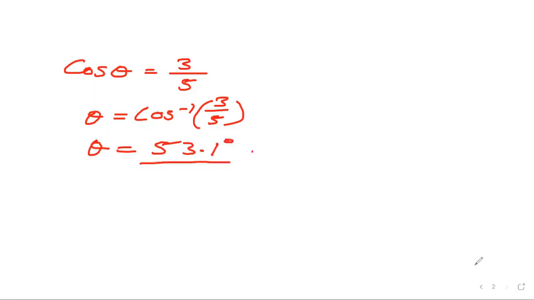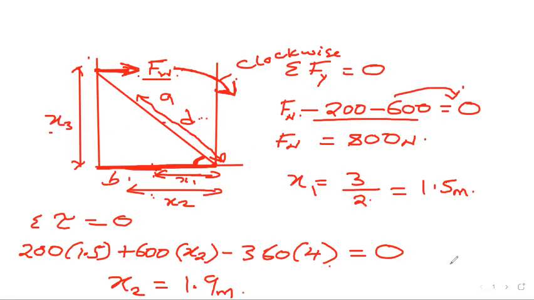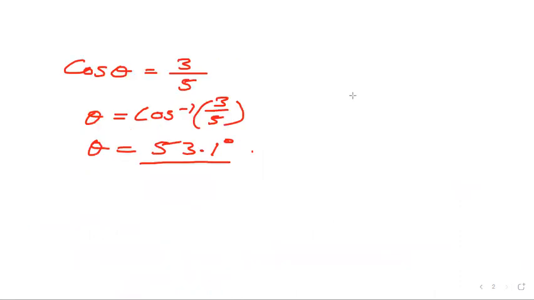Remember that the 1.9 we found is x2, and x2 ends somewhere here. So if we cut our triangle here, we'll have a small triangle inside there, and we can work on that. Let us redraw that same triangle here.